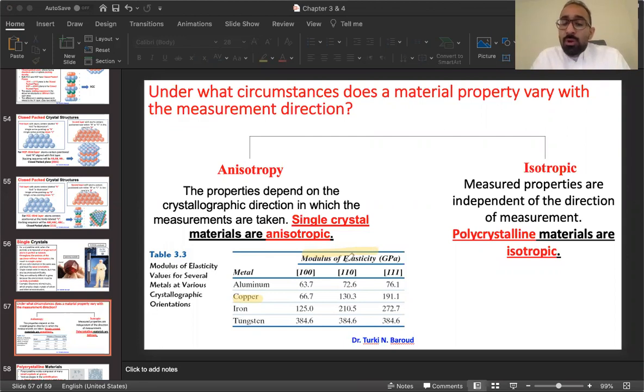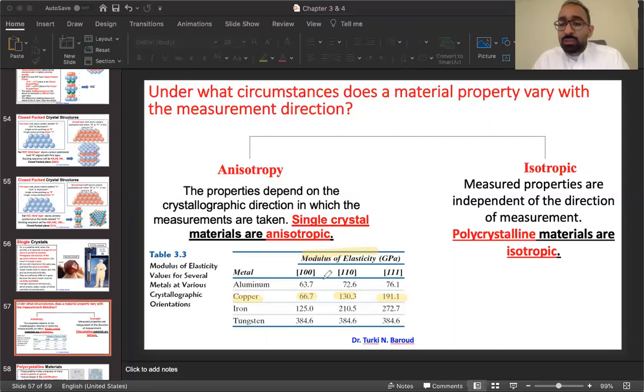The modulus of elasticity measures how much the material can resist a permanent deformation. It is a property of the material, and it is different in the 100 direction compared to other directions. You can see that the value is different.